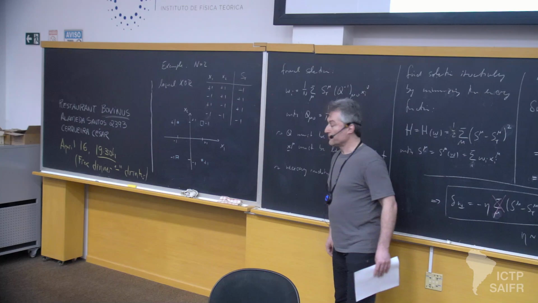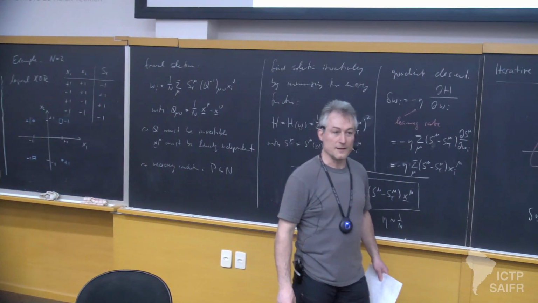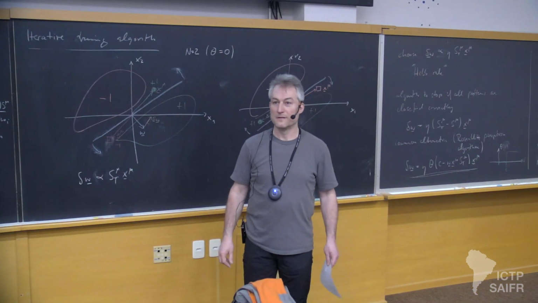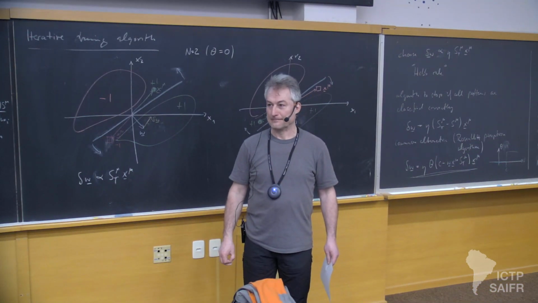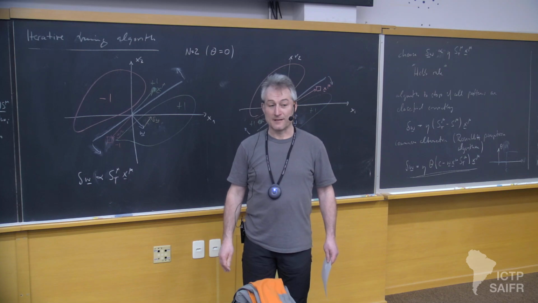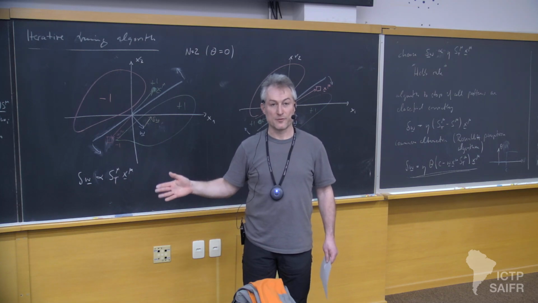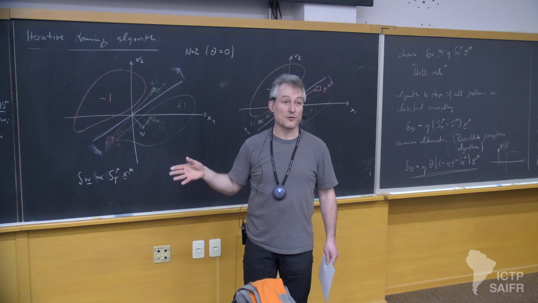So anybody who sees how to draw a line here that separates +1 and -1? It's not possible, right? Exactly. So this is an example for data which is not linearly separable, which the perceptron cannot learn.